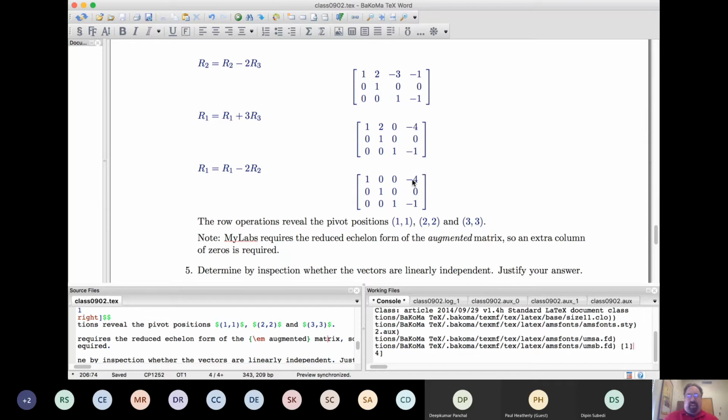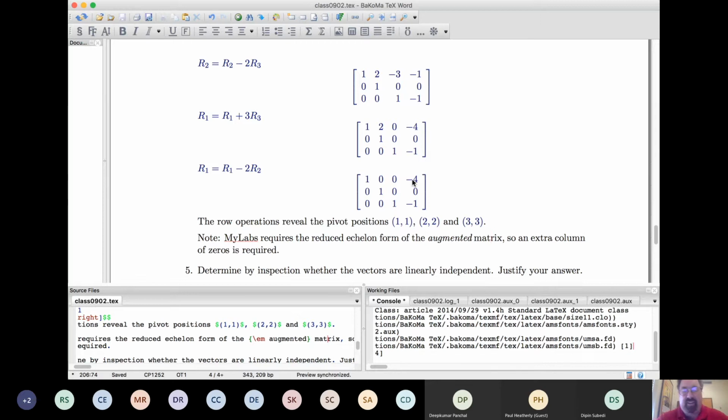But yeah, there's definitely I guess a philosophical difference between myself and I guess the textbook and therefore MyLabs as to the importance of the reduced echelon form in the whole scheme of things.